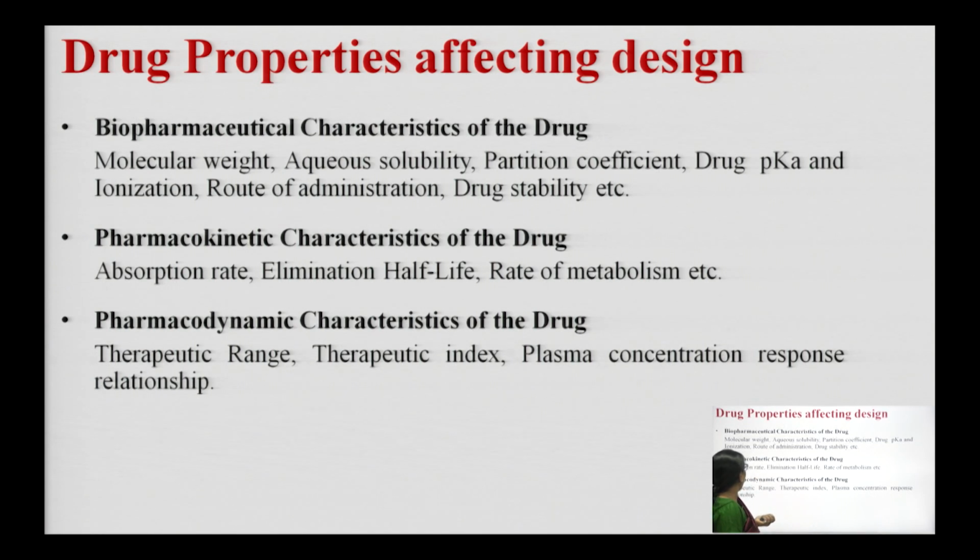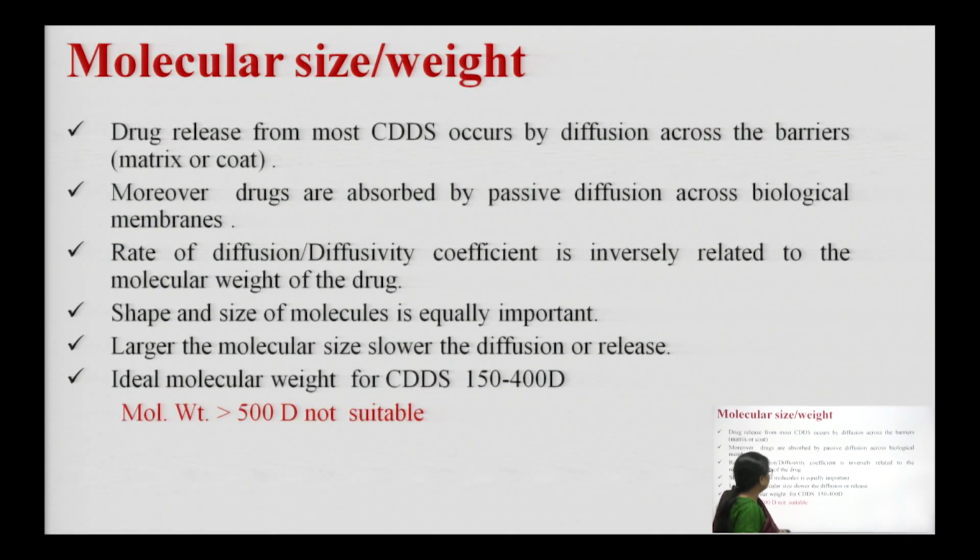So, going on to the first property, that is the molecular weight of the drug. The molecular size and molecular weight of the drug are an important determinant in the design of controlled drug delivery systems, because the drug from these systems is mostly released by the mechanism of diffusion.